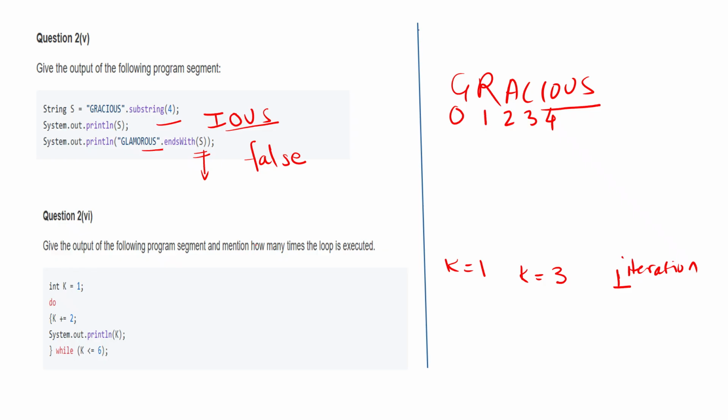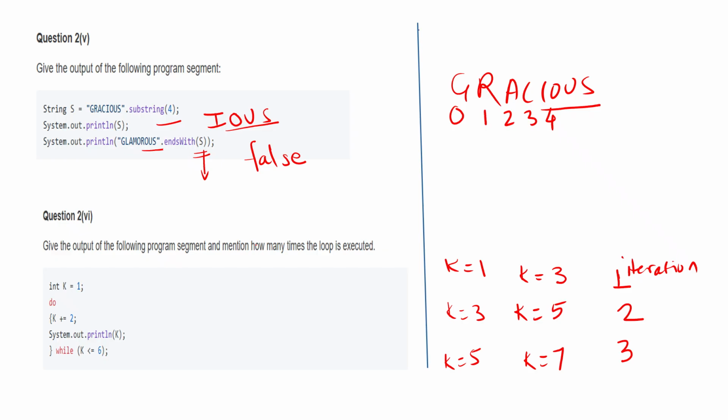Now during the second iteration, k is equal to 3, it will become k plus 2, which is 5. Now third iteration will be k is equal to 7, and initially when it entered the loop it was 5. So k is less than 6? Now the loop will not execute.